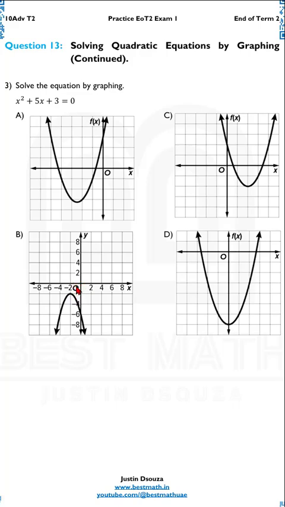Here, minus 1 will be a positive number. But look at this one. Minus 1 is here, and you're getting minus 1 itself. 1 unit left, 1 unit down. This is the point, isn't it? So graph A is the only accurate graph which matches this particular equation.